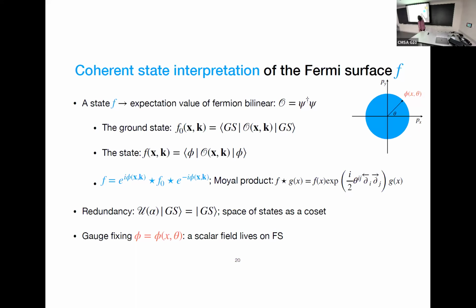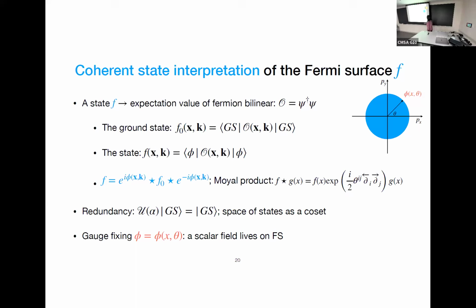We can find the ground state and the state by the expectation value of this fermion bilinear. And we know that the ground state and the state can be related by this parametrization here, related with the Moyal product.